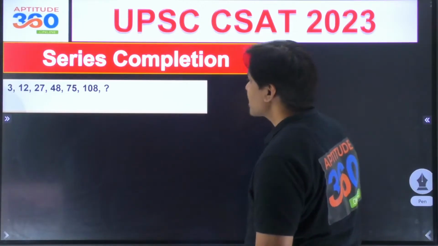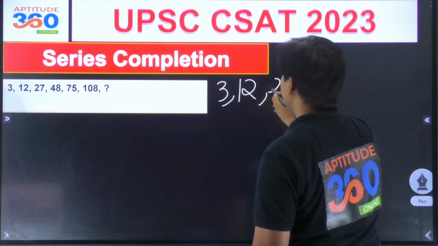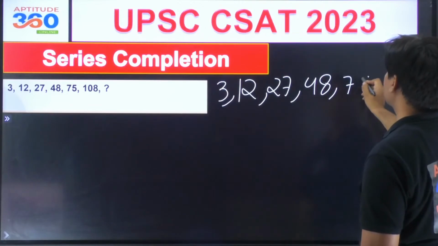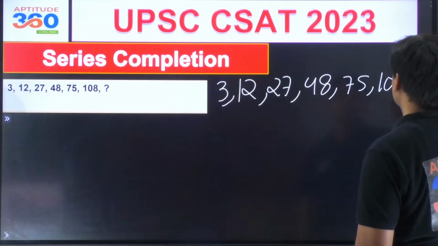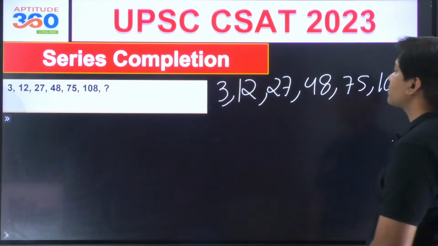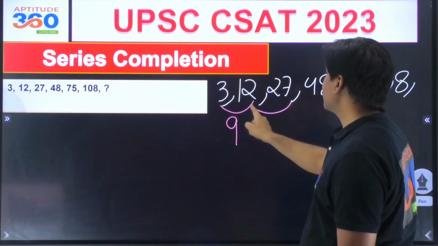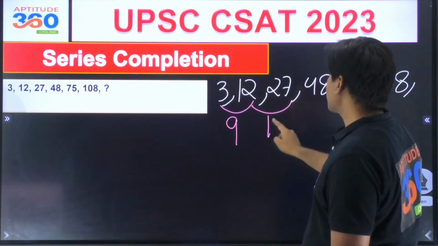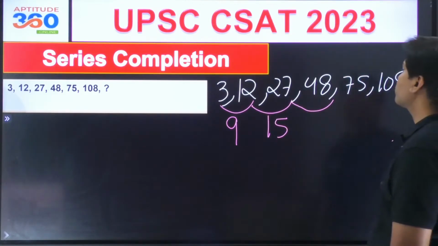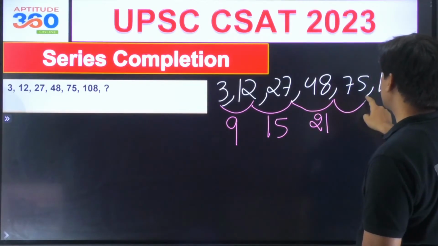All right, Shivam is getting the answer. If I say this is 9 and this is 15 and this one is what, 27 and then 21, isn't it?